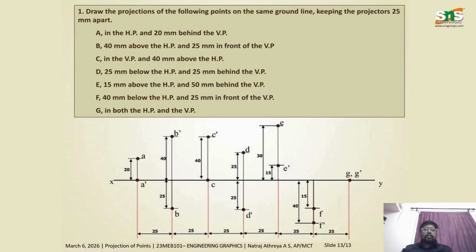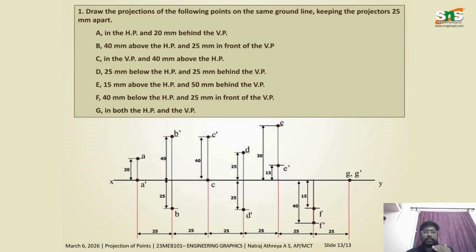Okay. A shortcut for that is, with respect to HP, everything is in positive connotation. Usually you consider above as positive and below as negative, right? In case of HP, if it is above, it is above the XY line, the reference line.